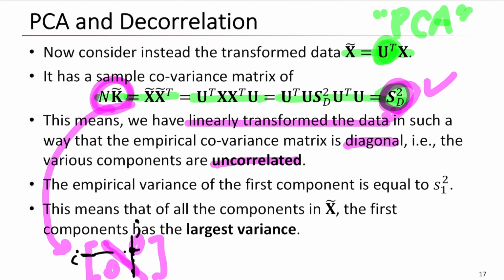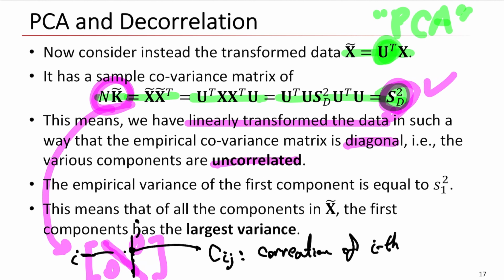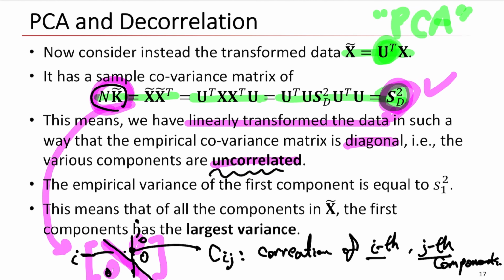When there is some value, it means there is correlation between the i-th and j-th components. But in the sample covariance, there are no values here except for the diagonal terms, right? So it means that each component, the i-th component and the j-th component, are uncorrelated.